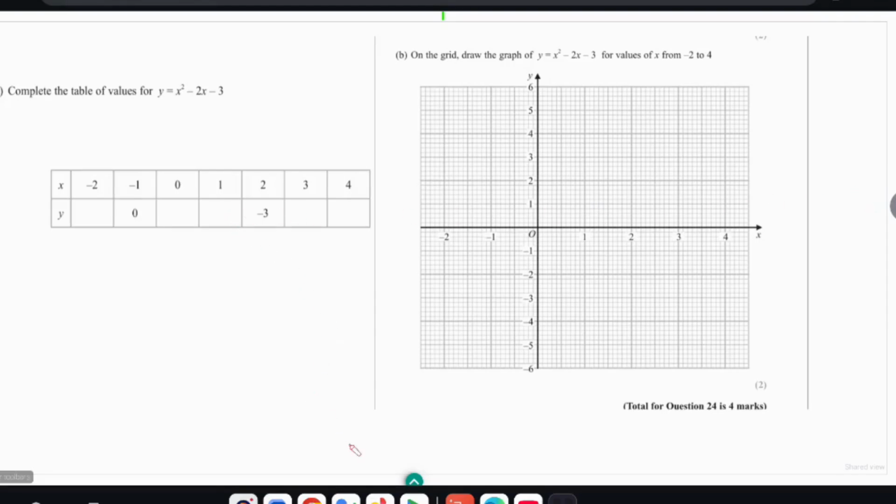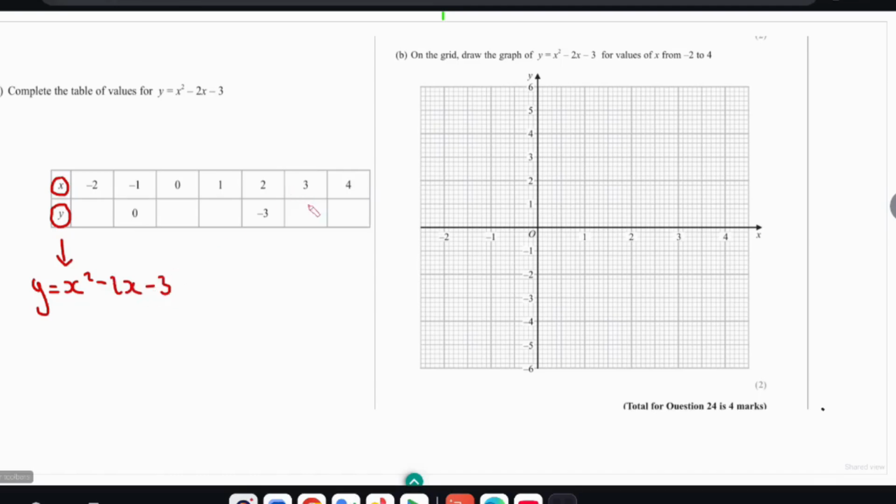Question 24. Complete the table of values for y equals x squared minus 2x minus 3. So here we've got our x values, and here we have y values generated by this equation, y equals x squared minus 2x minus 3.